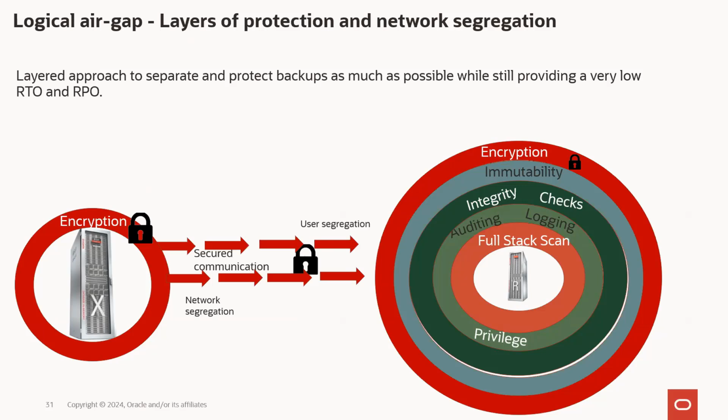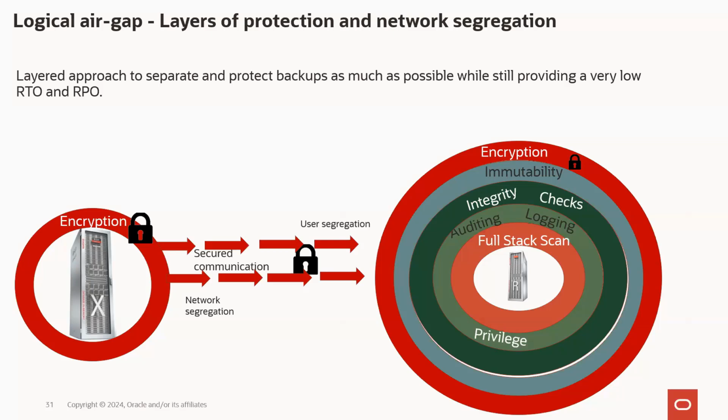And that's what I tried to show on this slide: you have all this protection around the recovery appliance, where a full stack scan, auditing, logging, privilege control, integrity checks, immutability, encryption, that user segregation, the secure communication going from the database to the recovery appliance, and encryption starts with the database where the database holds the keys.